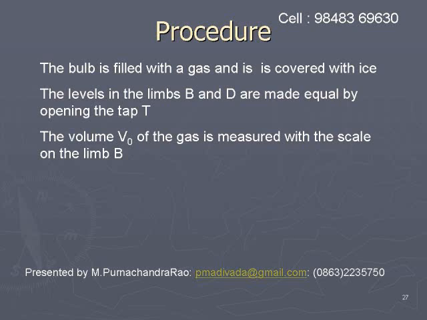Now, the volume V0 of the gas is measured with the scale on the limb B.